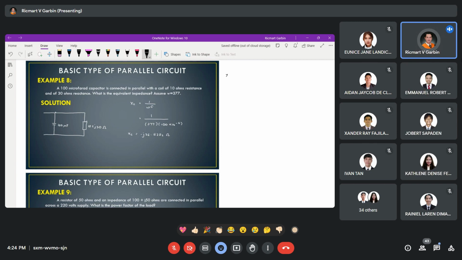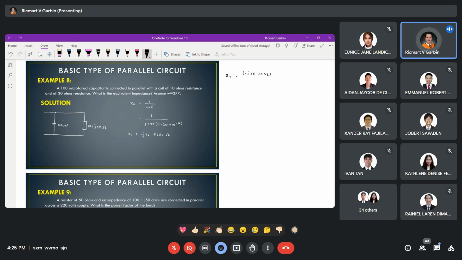So, ang ating Z total is equal to, since ito naman ay dalawa lang na nakaparallel, pwede natin gamitin yung product over sum. Naintindihan po? Pero kapag 3 or more impedances connected in parallel, yung naka-inverse na: 1 over Z1 plus 1 over Z2 plus 1 over Z3. So, say for example, this is negative J 26.5252.